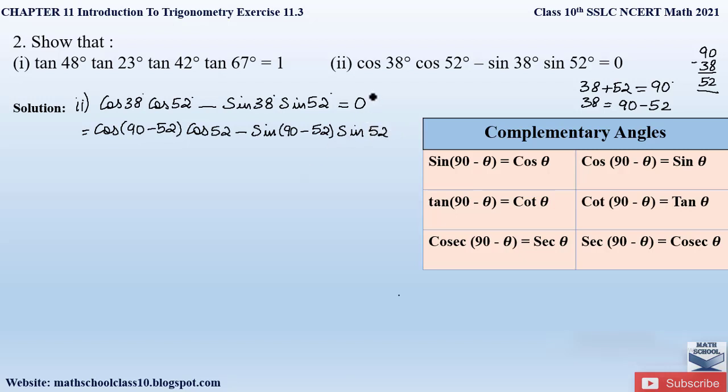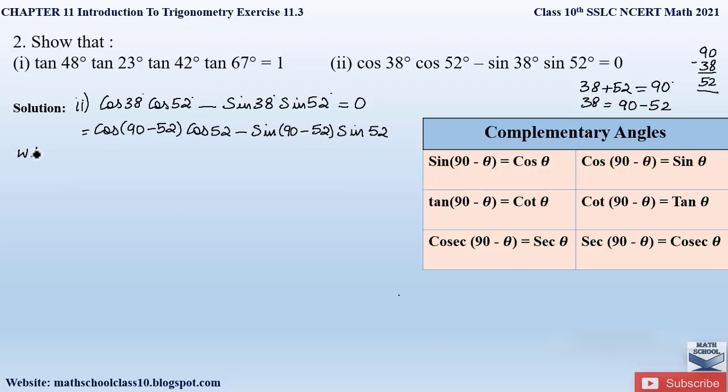So this we have to prove equal to 0. We are taking the left hand side part first, and then we will prove it equal to 0. From the table we can see the complementary angle identities: cos 90 minus theta is sin theta and sin 90 minus theta is cos theta.